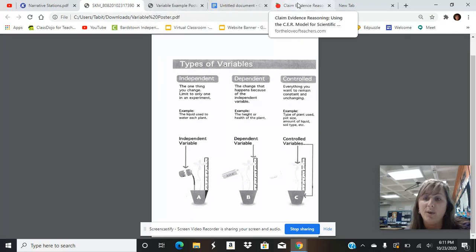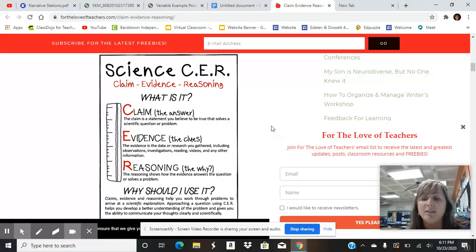Now, also, you're going to be learning about how to make a claim when you are a scientist. We've already talked about what a scientist is. A scientist asks questions and tests those questions, and they do it more than once. You can't just test something one time and say, oh, I'm done, I figured it out. You've got to do it more than once. So a claim is the answer.